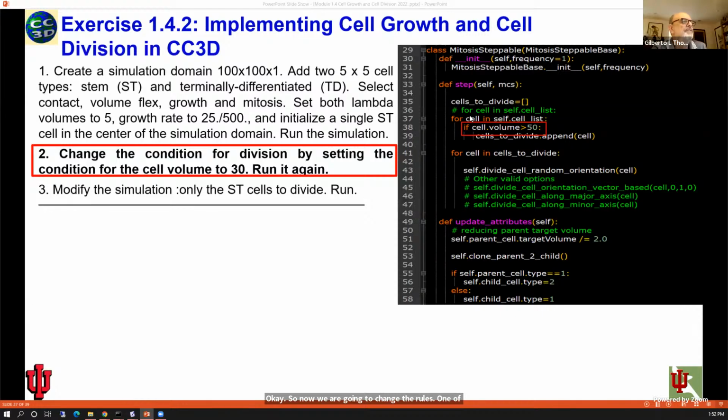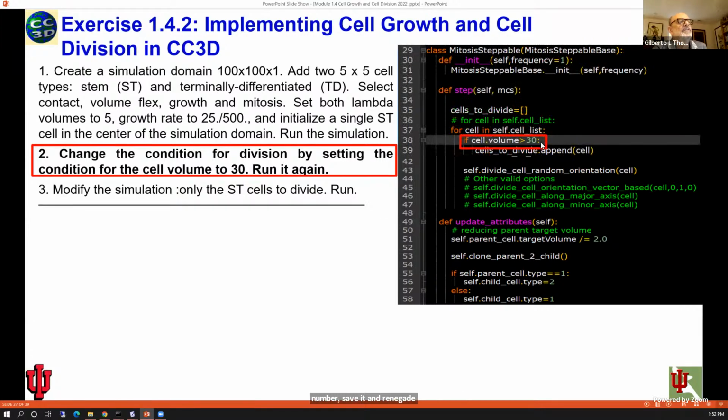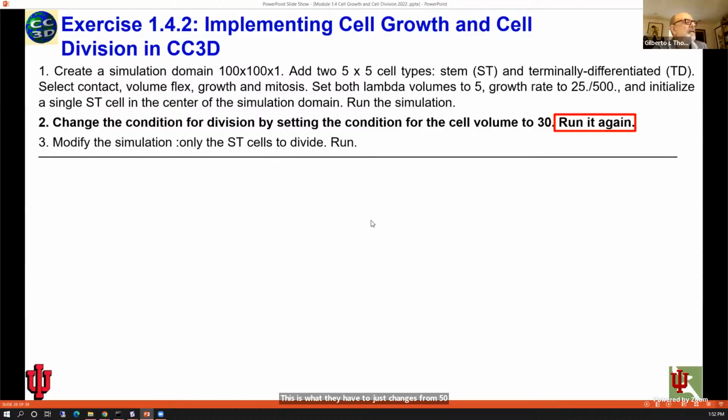The first rule to change is the condition for division, by setting it to 30 here and running the simulation. This is very easy. You go to the code, change just one number, save it, and run again. Just change it from 50 to 30 and run the simulation.